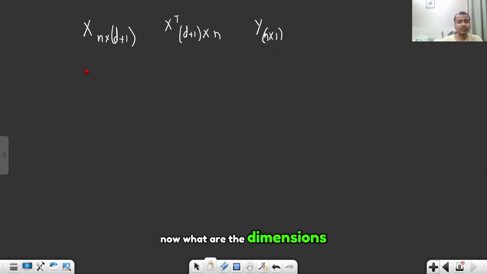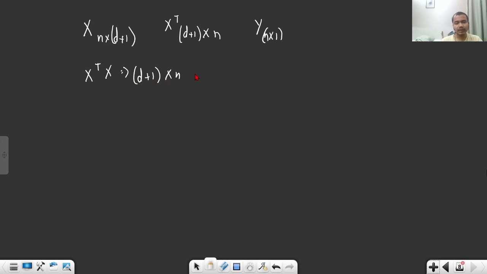Now what are the dimensions of x transpose x? x transpose is d plus 1 into n, and x is n into d plus 1. As you know, for m into n and n into p, the number of columns in the first matrix should be equal to the number of rows in the second matrix.